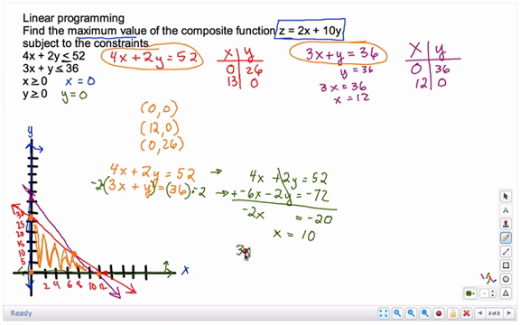I'm going to plug it into 3x plus y equals 36. I'm going to replace the x here with 10, so 3 times 10 is 30. 30 plus y equals 36. Subtract 30 from both sides, and you get y equals 6. And so you get the point 10, 6.